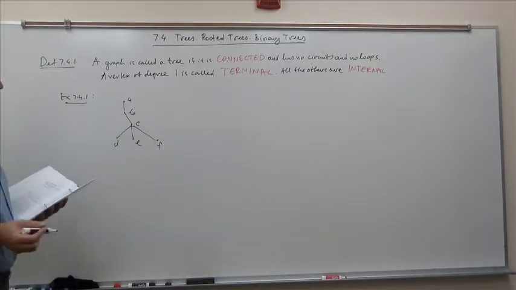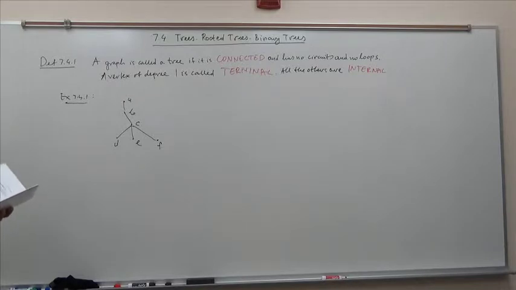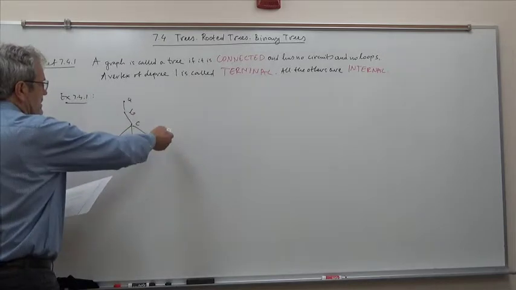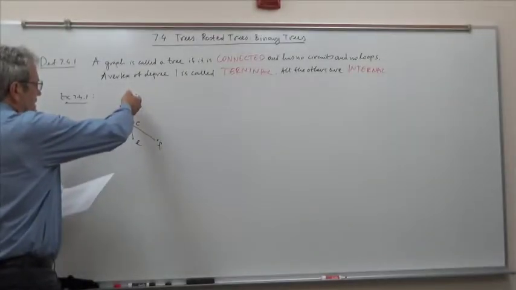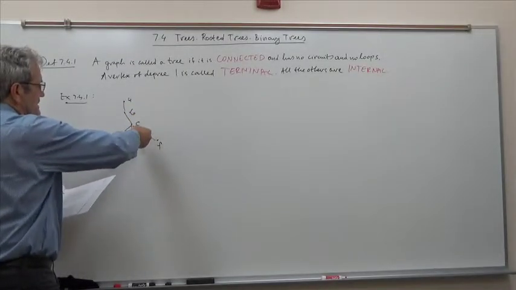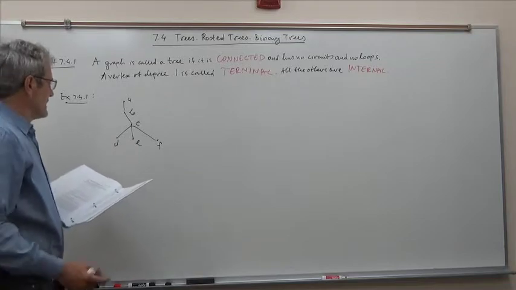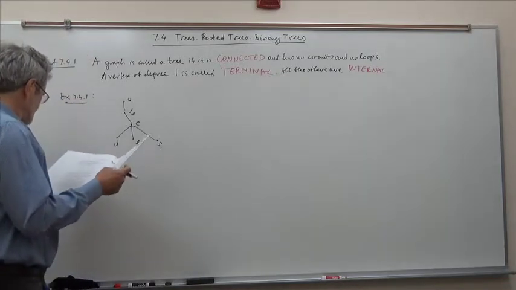Because it is connected: from every vertex of this tree we can arrive at another one via a path, and there are no circuits. So there's no way to start from one point and then come back to that one using a path.